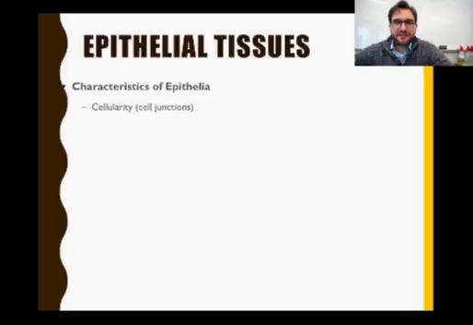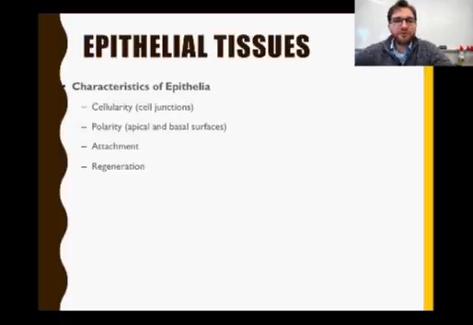Our characteristics of epithelia is that it has tight cell junctions. Those junctions allow for communication. They are polar. They have apical and basal surfaces, and they also have attachment.